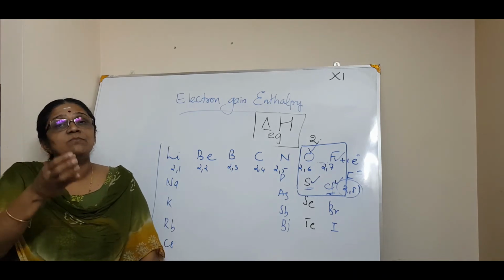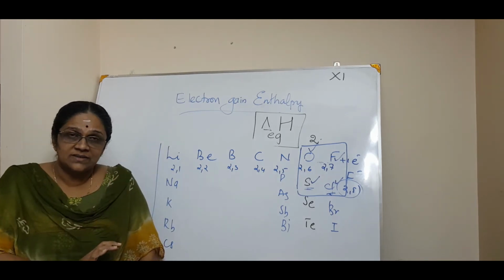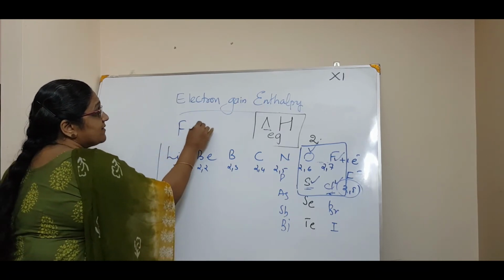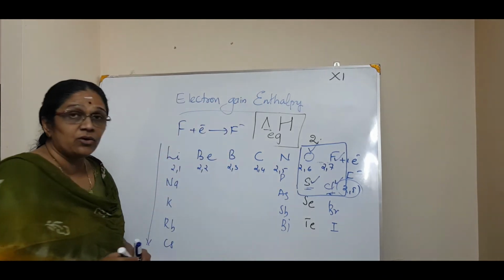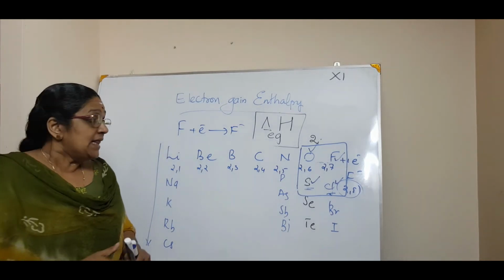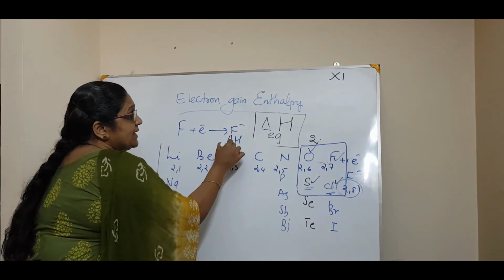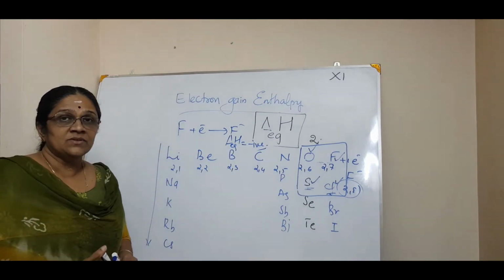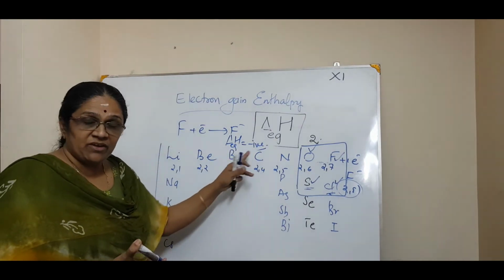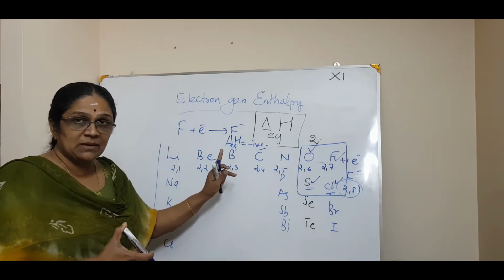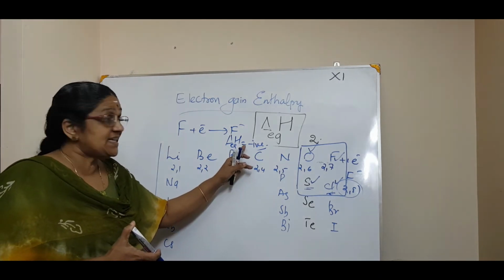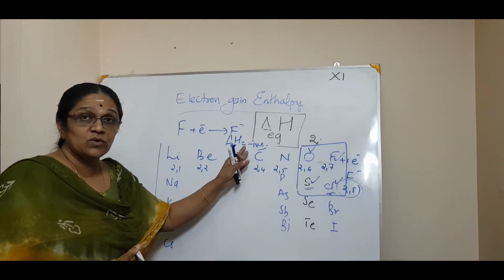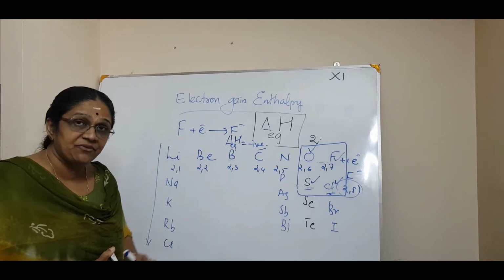When fluorine becomes a fluoride ion, that is, F plus an electron gives an F minus anion, the electron gain enthalpy, delta H eg, is negative, more negative. Now this is exothermic. Whenever H is negative, it is exothermic in chemistry. So we call this a negative value of electron gain enthalpy. And for fluorine, it is the most negative electron gain enthalpy, as we say as a general rule.